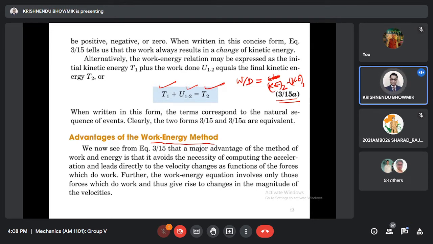As this is a scalar quantity, the work energy principle is very simple. To calculate the work done, we just find the change of kinetic energy between two points, or time step 1 and time step 2.